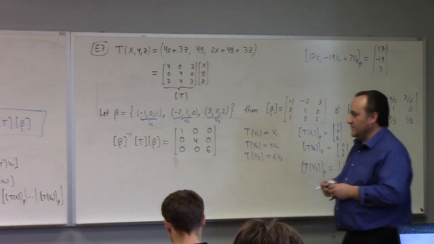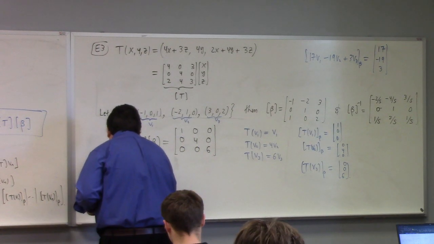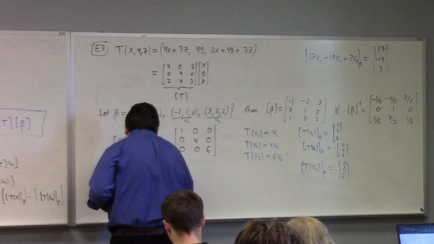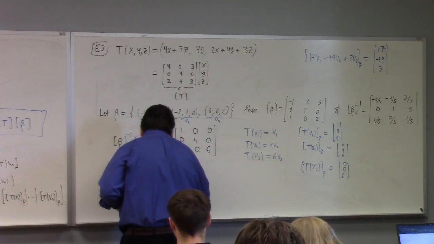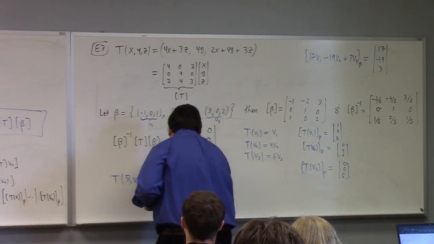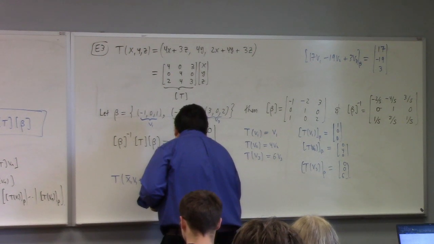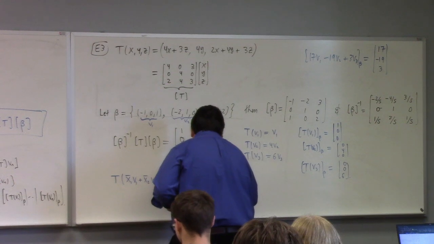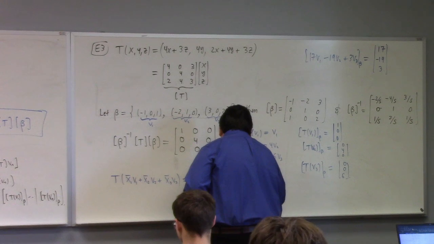Let me put it in different terms. If I have T of x bar 1 V1 plus x bar 2 V2 plus x bar 3 V3, just to give those labels, then this is equal to x bar 1 times V1 plus 4 times x bar 2 V2, plus 6 times x bar 3 V3.